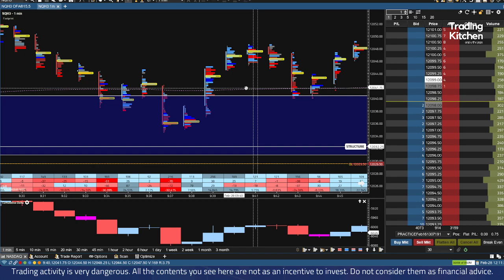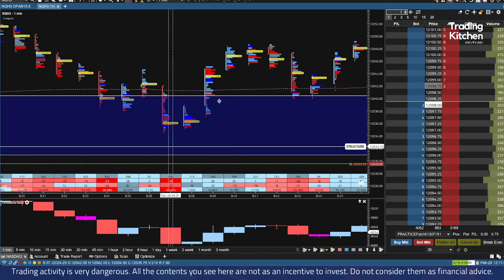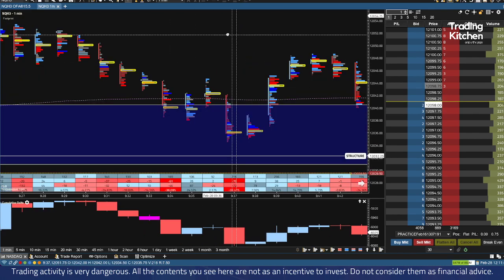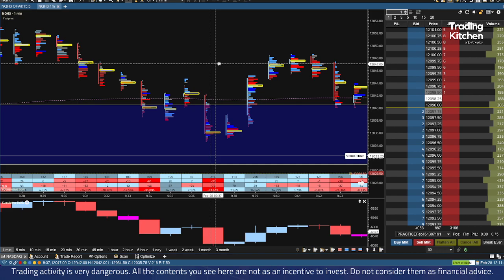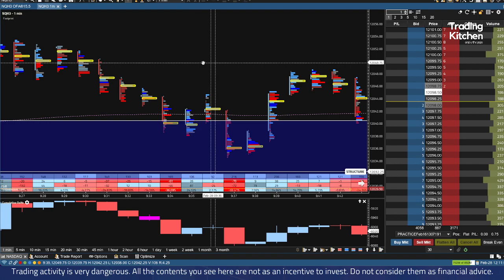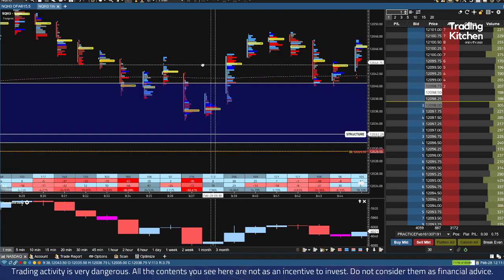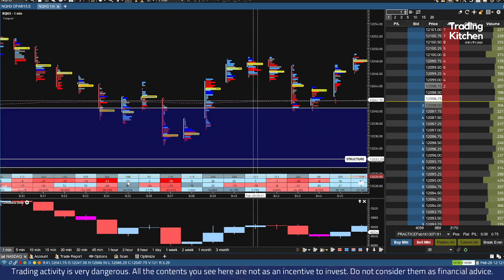But you can do it only if you have the objective numbers of volumes, and you can have them only using a trading platform like this. Okay, I do use TradingView just for analysis, which is probably the best platform to analyze the market. But for the trigger, to really understand what's going on behind the bars, there's no other way. The only way is this one.